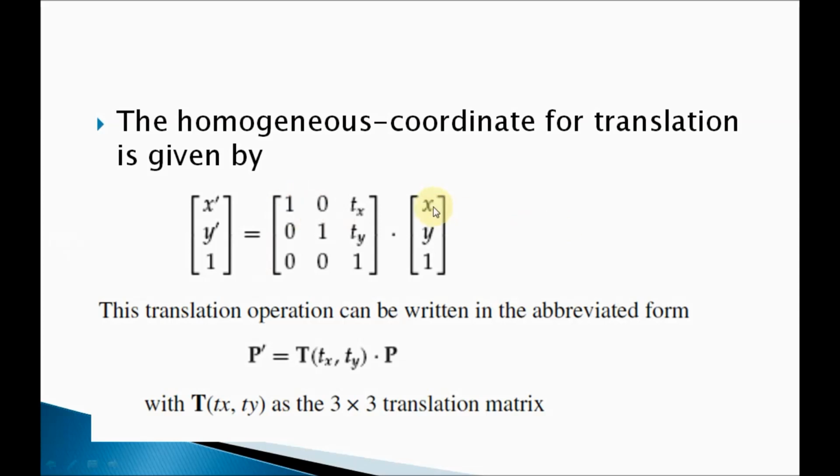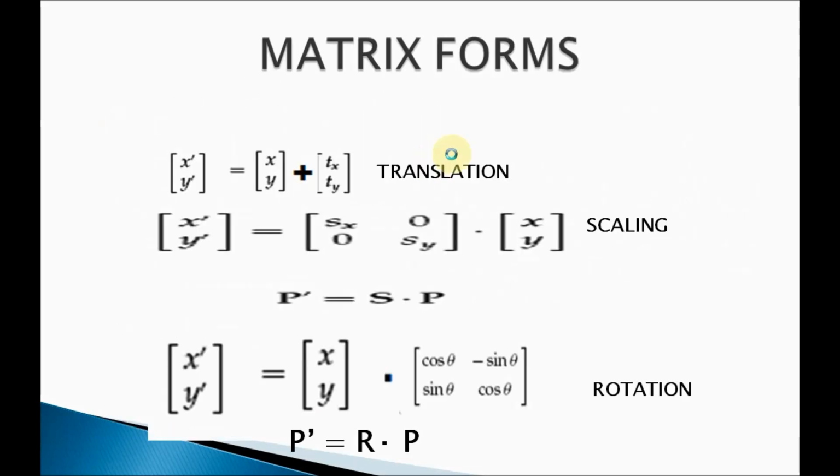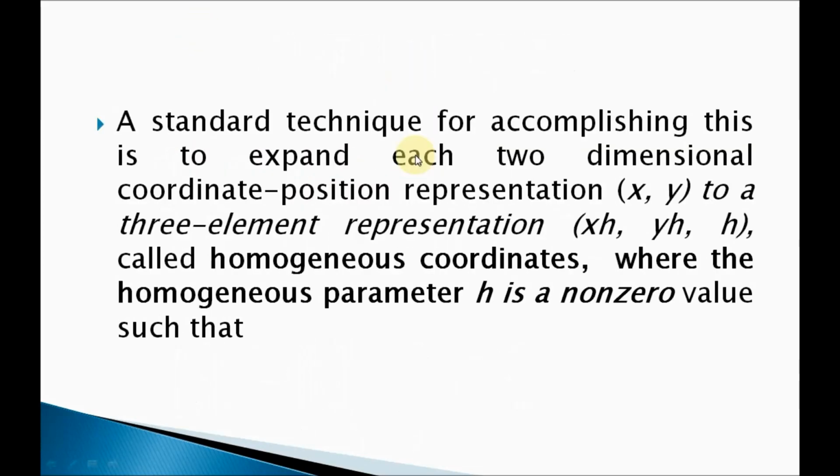You know matrix multiplication: left to right, top to bottom. See the highlighter: 1 into x, x. 0 into y, 0. tx into 1, tx. So what value did you get? x plus tx. So x dash is equal to x plus tx. The value won't change.